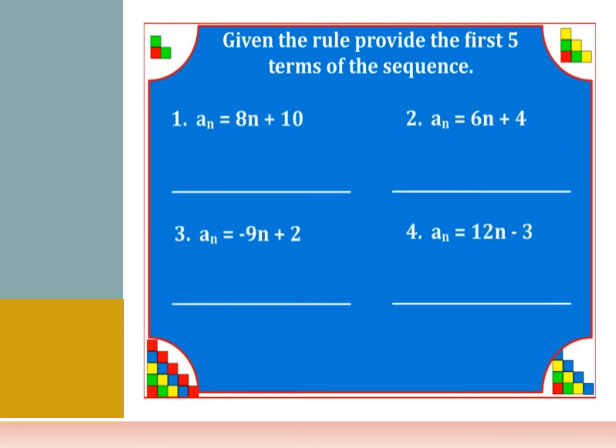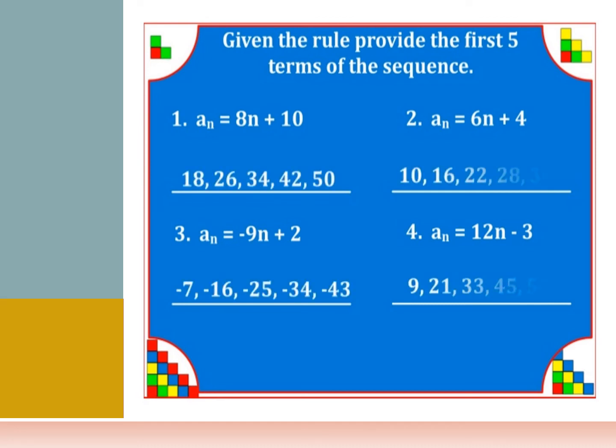And for this example, given the rule, provide the first 5 terms of the sequence. So here we have the explicit rule, and we want to find the first 5 terms of the sequence. For the first one, we have d equal to 8 and we have 10.